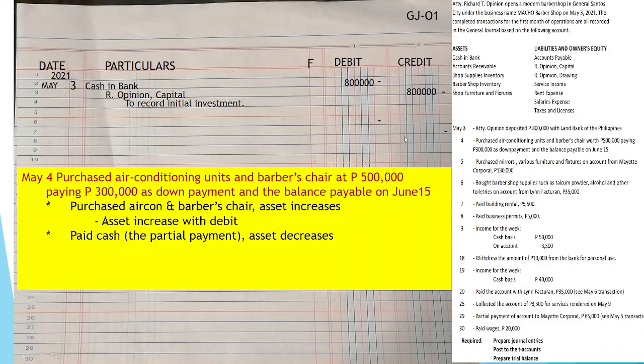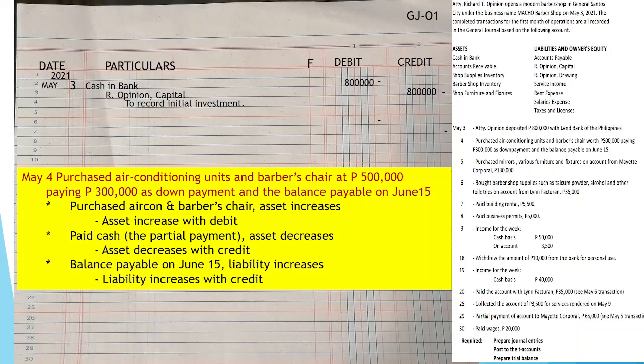That is the cost of what we purchased, 500, less the partial payment or down payment of 300. Therefore, we still have a payable or liability amounting to 200,000 pesos. So, balance payable. Payable connotes a liability, so it increases our liability. Following the rule of debits and credits, to increase our liability, it must be credited.